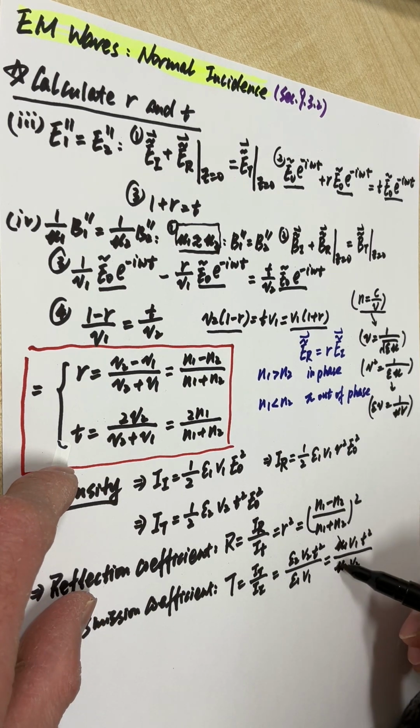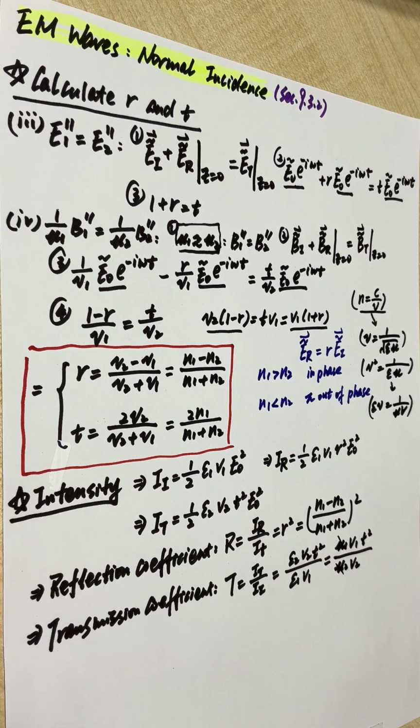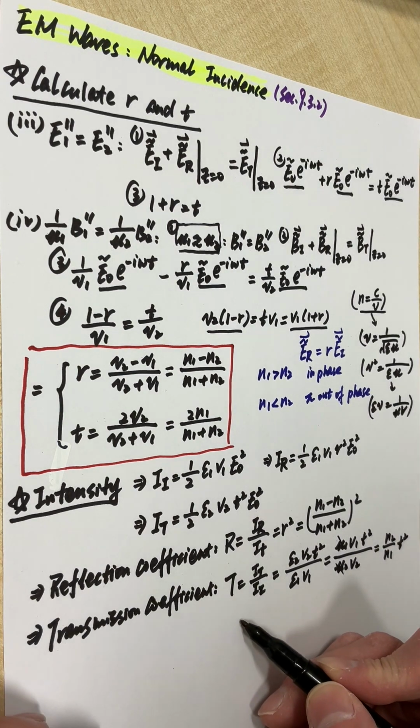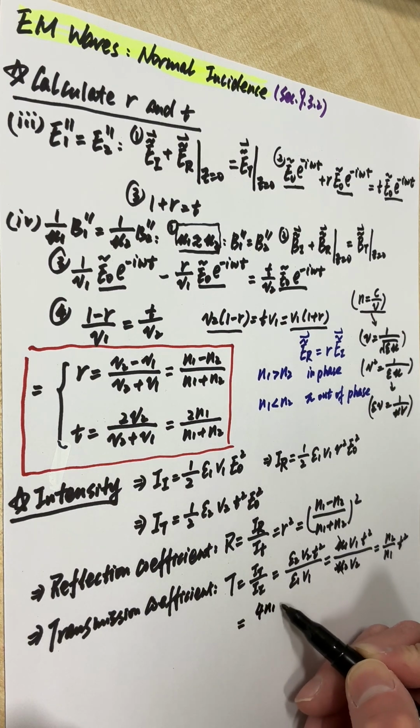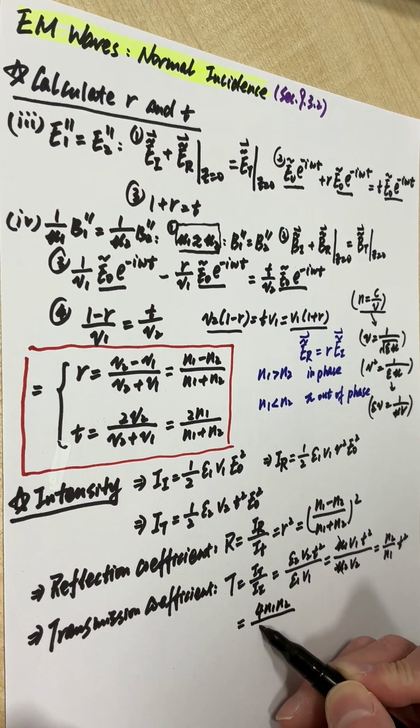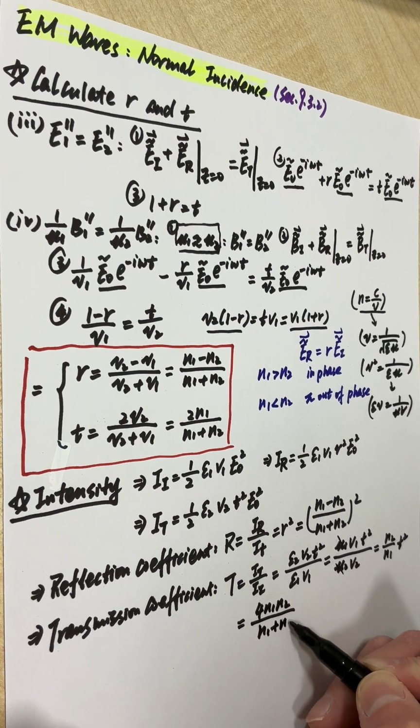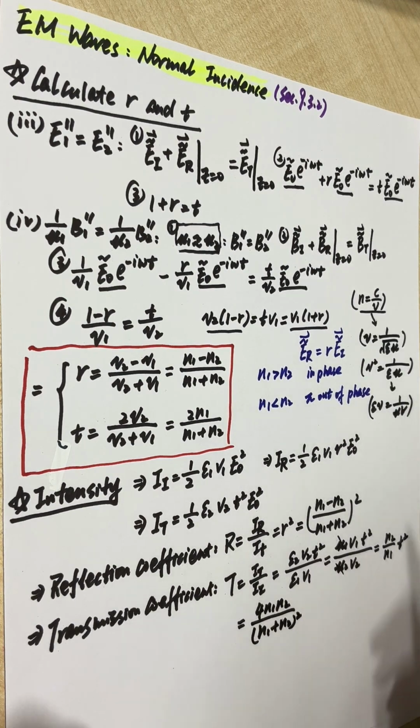And now the two materials have roughly the same permeability, so V1, V2, and V is inversely proportional to N, so here we can have N2 divided by N1 and then multiply T squared. So eventually T equals 4 N1 N2 divided by N1 plus N2, squared.